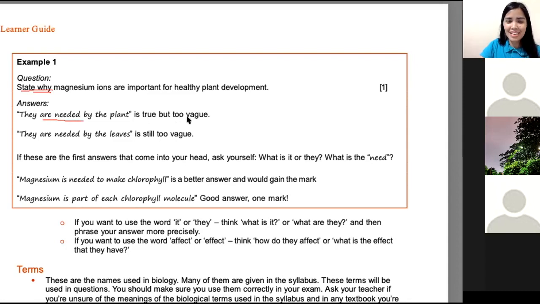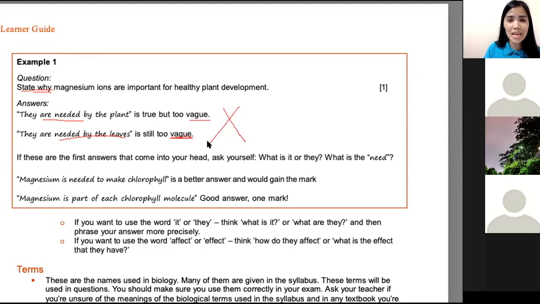But it's vague. It's not specific. It's very general. Another possible answer would be they are needed by the leaves, which is also true, but it is still too vague. So you will not get a mark, guys, if your answers are like this.